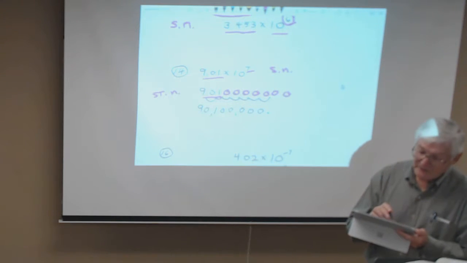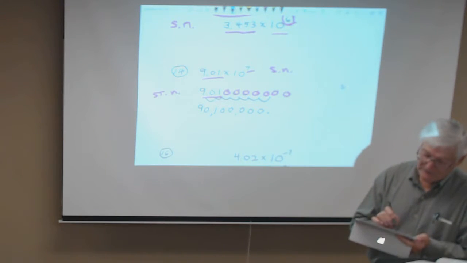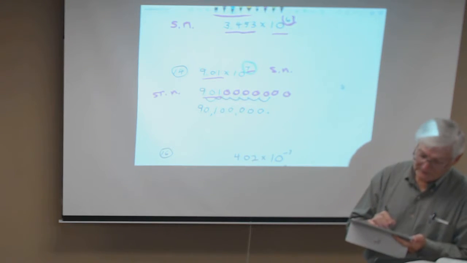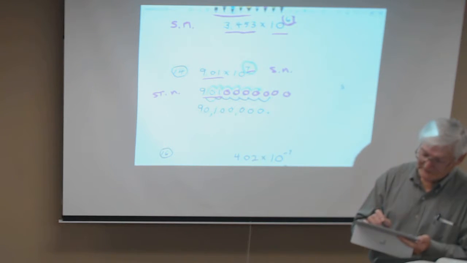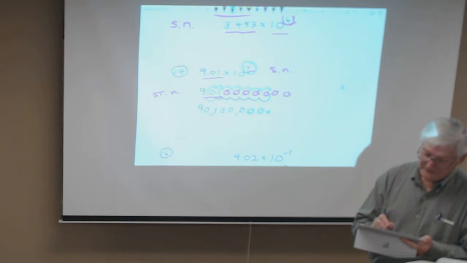Now what happens is I'm going to change to blue here, because now I have to move this decimal point 7 places. 1, 2, 3, 4, 5, 6, 7. So I bring that decimal point right down here, and what's in front of it? A 0, a 0, a 0, a 0, a 0, a 1, a 0, and a 9. Everybody see what happens?